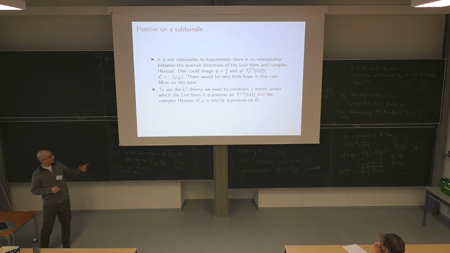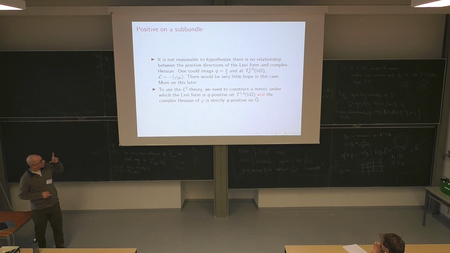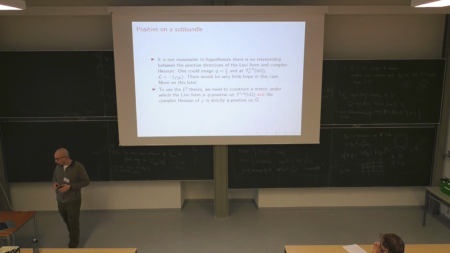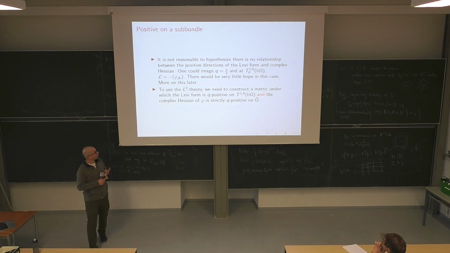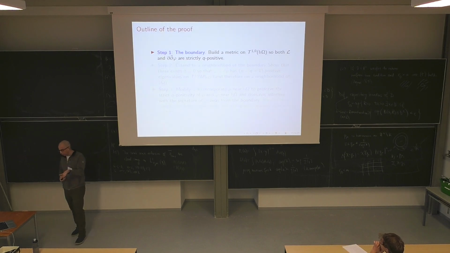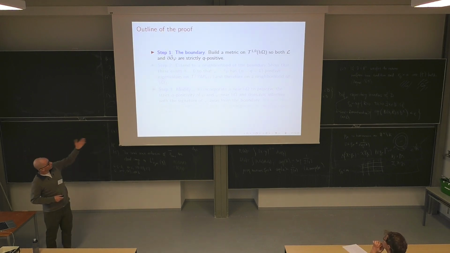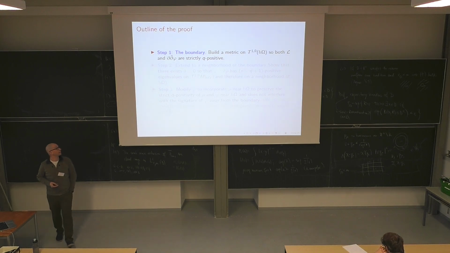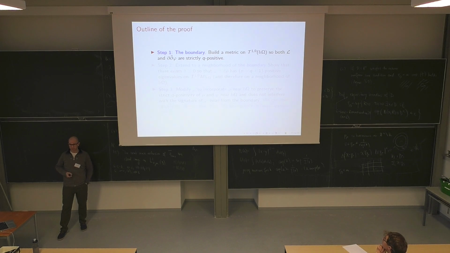So what we need to do is construct a metric under which the Levi form is q-positive and the complex Hessian is strictly q-positive on omega bar. Okay? So how do we do this? Step one, you build a metric on T^{1,0} so that both L and ∂∂̄φ are strictly q-positive.